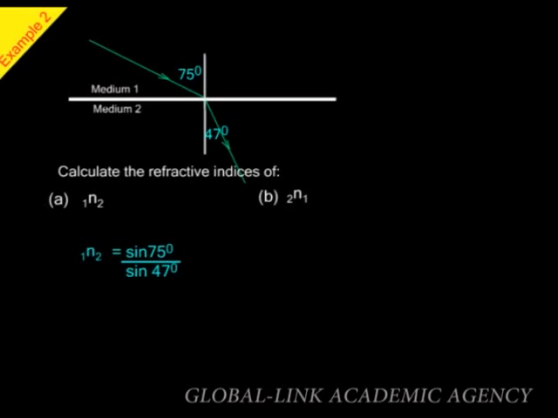If you complete that, you get 1.32. N2 to 1 is the reciprocal of N1 to 2. Therefore, we have 1 over 1.32. If you complete that, you get 0.757.